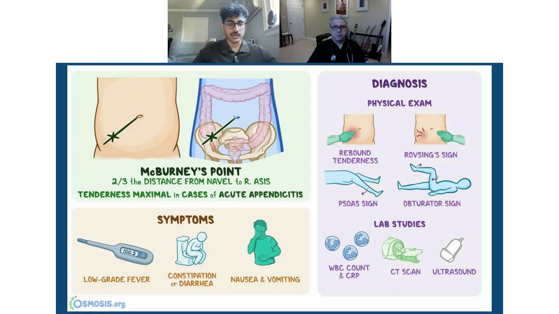There's the psoas sign and the obturator sign, which you can see there on the right. And in terms of the lab work that we do, generally patients will have a high white blood cell count and inflammatory proteins. And like we said, we can do a CAT scan and ultrasound as well. So those are some things you can expect if your child is suspected of having appendicitis.